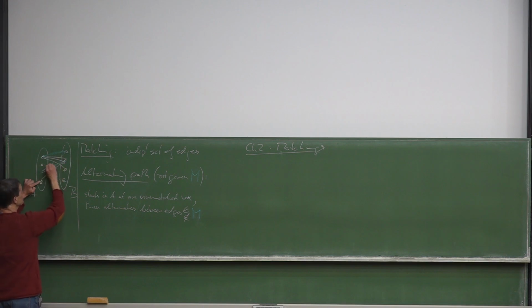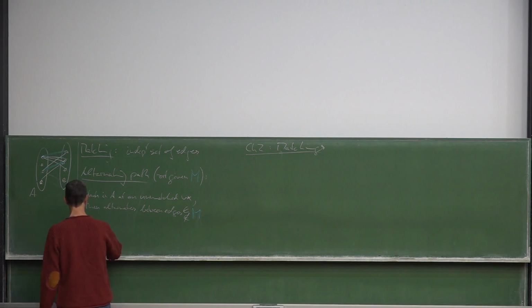So if we continue here, then we can continue yet again with an M edge and go up to here, and then we might continue all the way there, right? So if we end up in B at an unmatched vertex, then this alternating path is useful, and it's called an augmenting path.